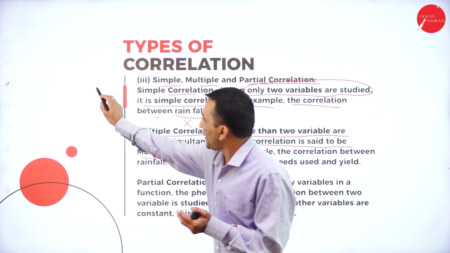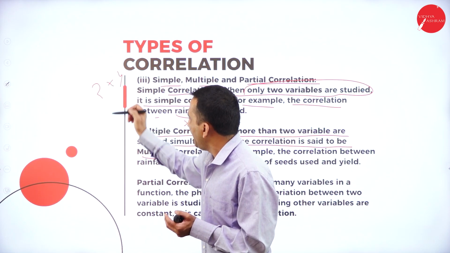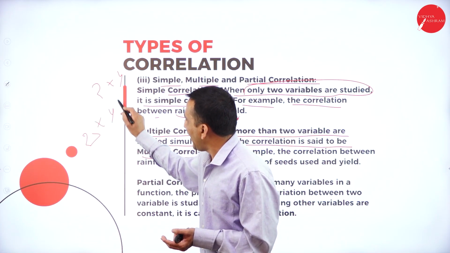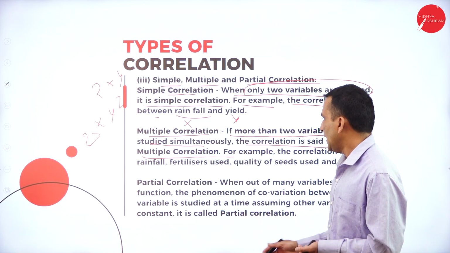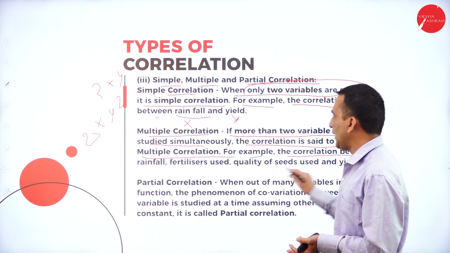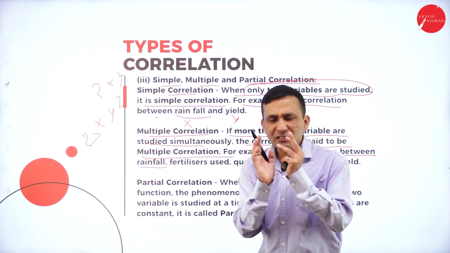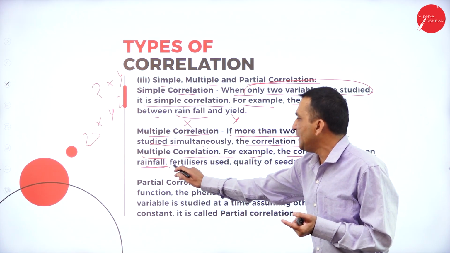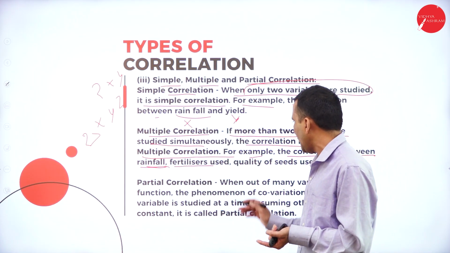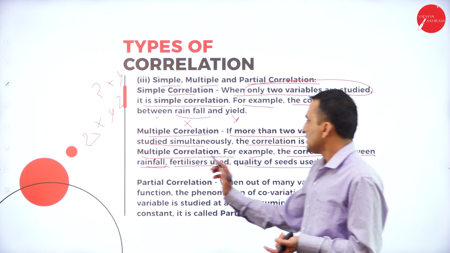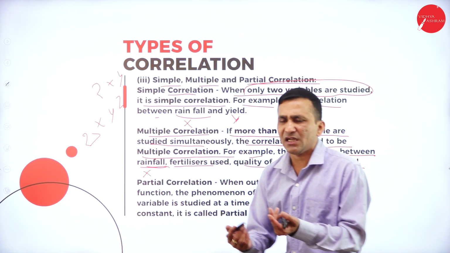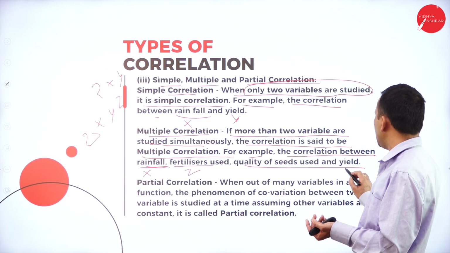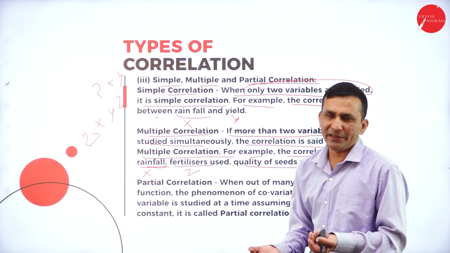Here we are taking two, X and Y; there we are taking more than two variables, for example X, Y, Z. For example, if you are expecting a yield based on the rainfall as well as the quality of fertilizer and good seeds you are using, then rainfall is X, the fertilizer you are using you can consider Z, and of course the yield you are expecting is Y. That is multiple correlation.